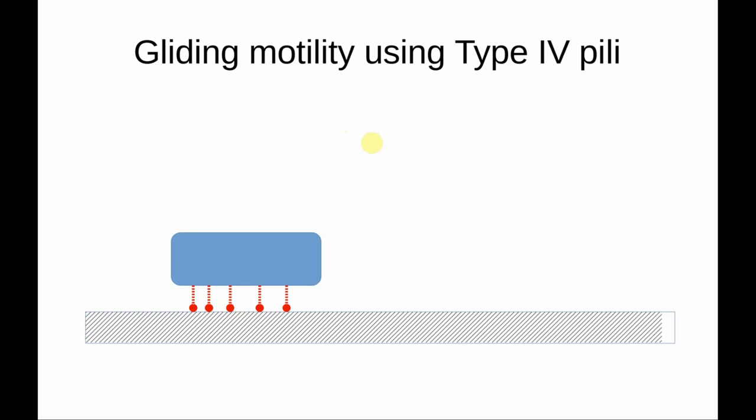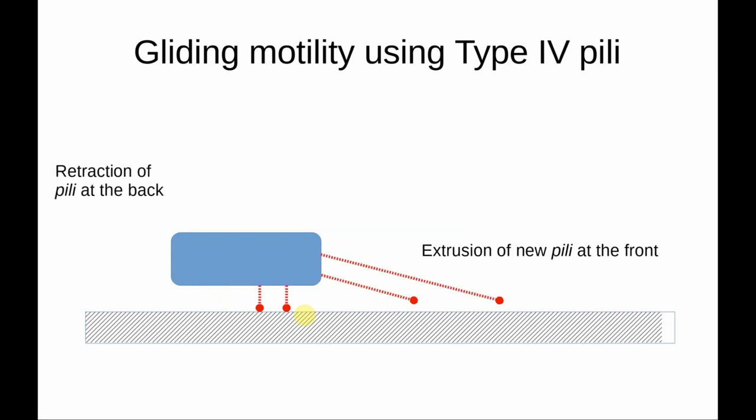Okay, so just to illustrate the motility of some gram-negative bacteria using type 4 pili. So what you'll have is that the distal part of the filament will bind to some kind of surface. And if this bacterium is responding to some chemotactic signal, like a high concentration of glucose over here, and it wants to move in this direction, what will happen is that the bacterium will extrude new pili at the front, and it will retract the pili at the back.